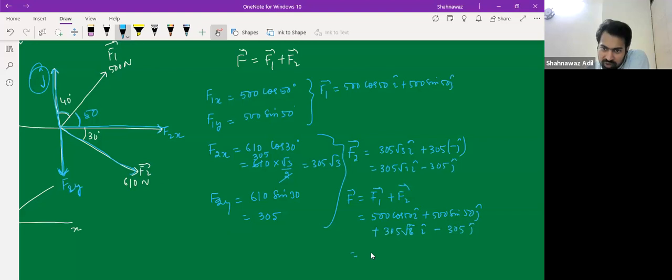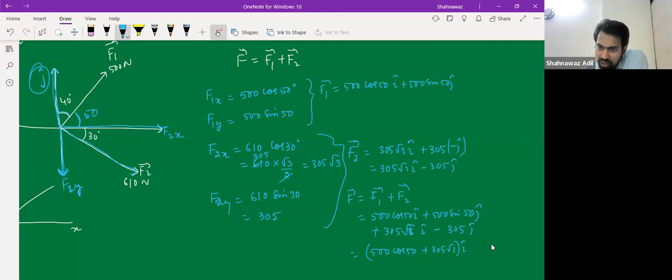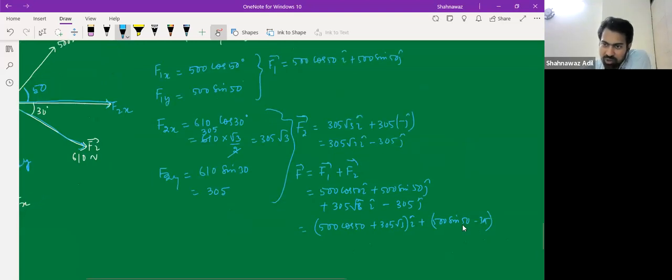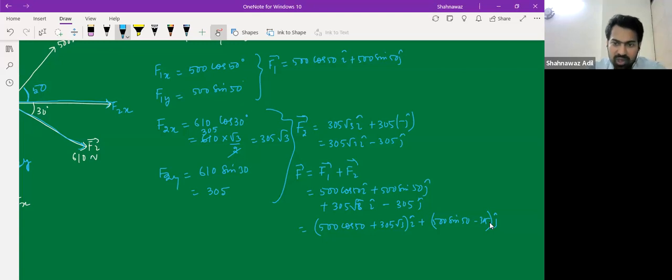So this would be 500 cos 50 plus 305 root 3 i hat and plus 500 sin 50 minus 305 j hat. Right, this would be the answer. If we can calculate sin 50 or cos 50, then our answer would be simple. So find the value of cos 50 from the calculator and then plug it in.